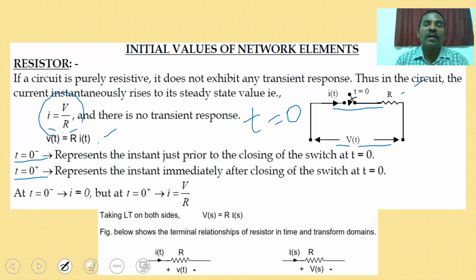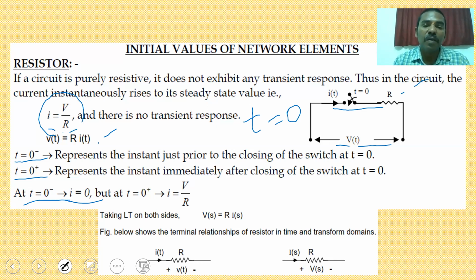Okay. So let us assume there are no initial values for the resistor. At t is equal to 0 minus, the circuit is not closed, just before the closing position. Under that condition, I of 0 minus must be 0.